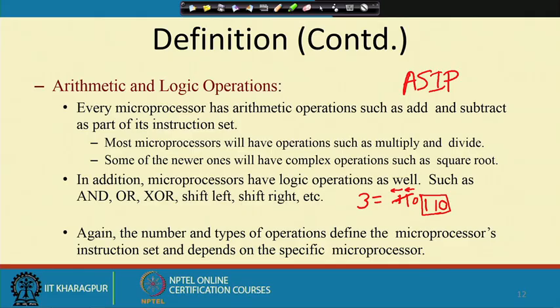The number and types of operations define the microprocessor's instruction set and depend on the specific microprocessor. What operations can you do, and on what type of data? For example, can we have a microprocessor that performs string concatenation on string data?